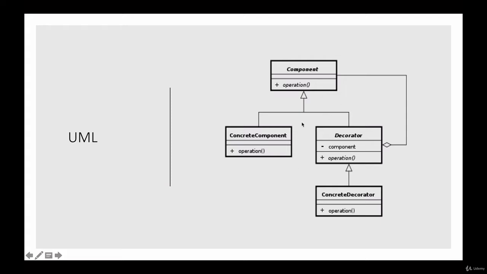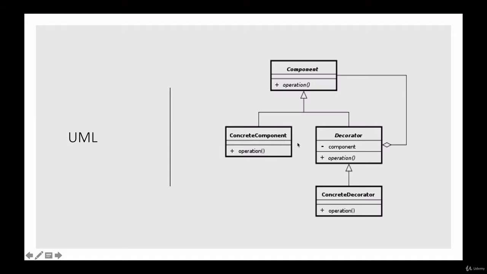So this will be a little complicated to understand at first, but what we will do is take a very similar example from our Java file IO, and we will see how it works. So we'll basically be creating a reader class which a file reader will be implementing, and the file reader will be our concrete component.